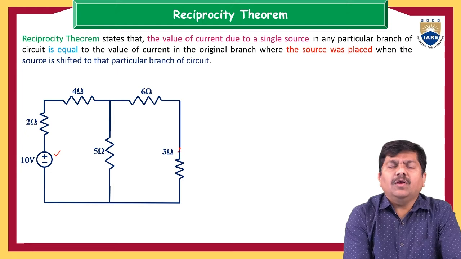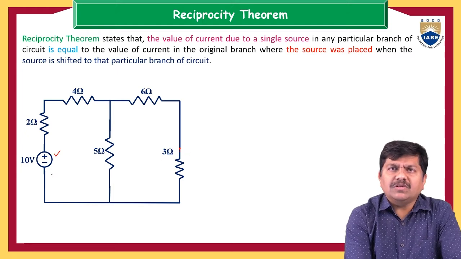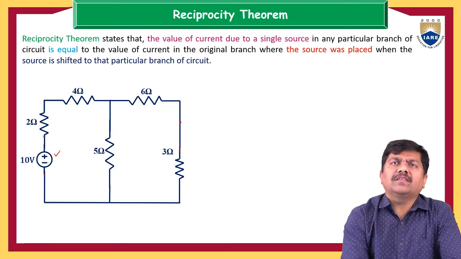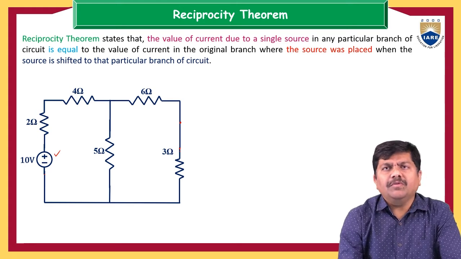Similarly, if this 10 volts is shifted from this side to this side, to the 3 ohm point, then the response will be the same even at the 2 ohm resistance point. That is what our reciprocity theorem is going to explain.